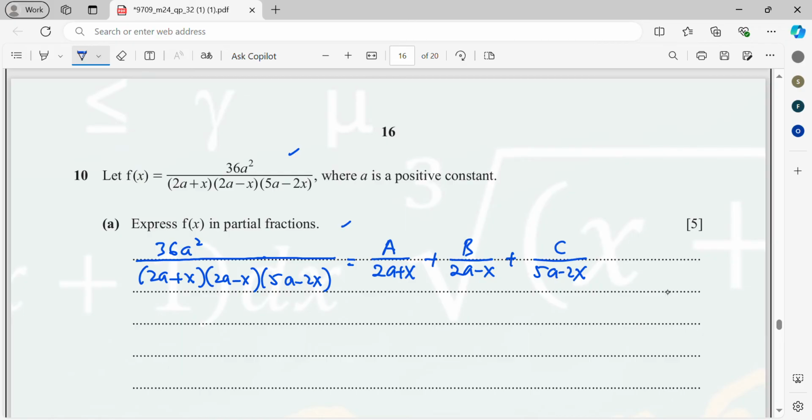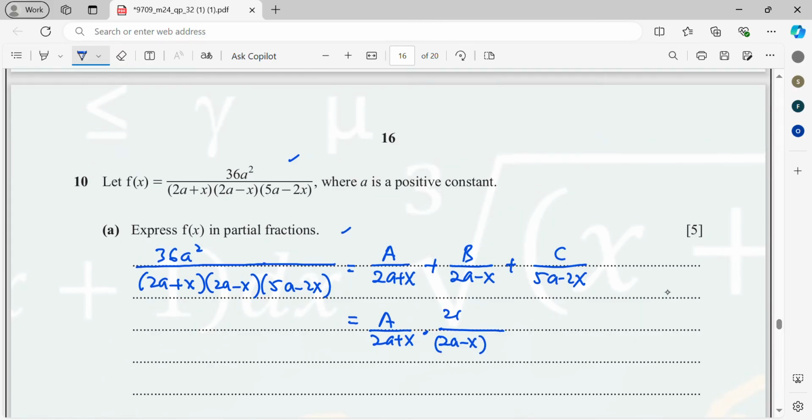Okay, so now get the same denominators. That means here I will get A over 2a plus x, multiplied with the other two terms. Basically you can just get the same denominators.